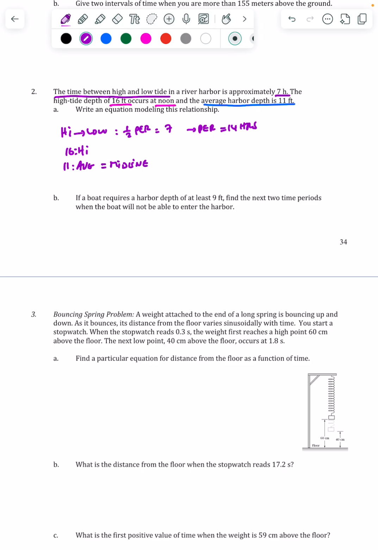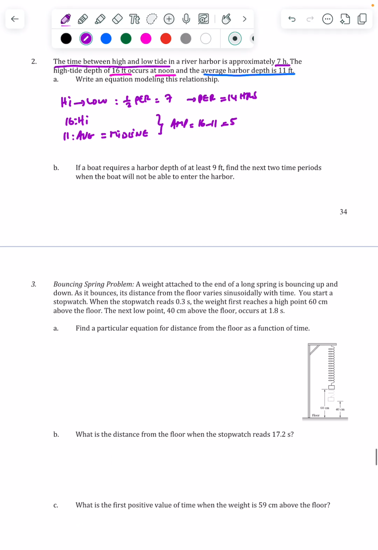So from the midline to the high, the amplitude is 16 minus 11, which is just 5. Now, to write an equation, we are starting at a max of 16 feet.